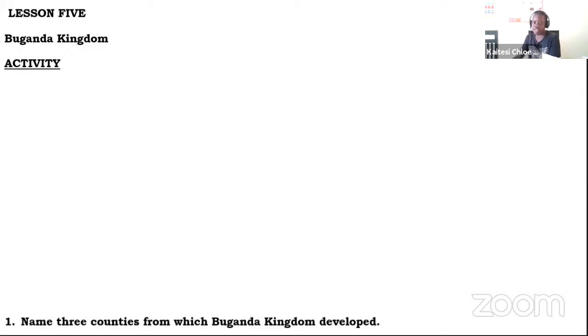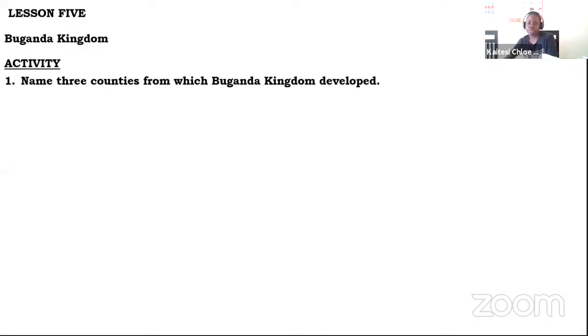Can you read that question again? Name 3 counties from which Buganda Kingdom was developed. So we're looking at the 3 counties. You're supposed to name 3 counties from which Buganda Kingdom developed. Can we get those counties now?